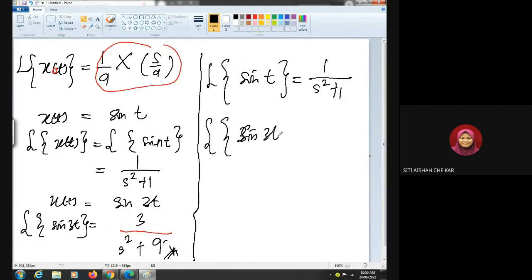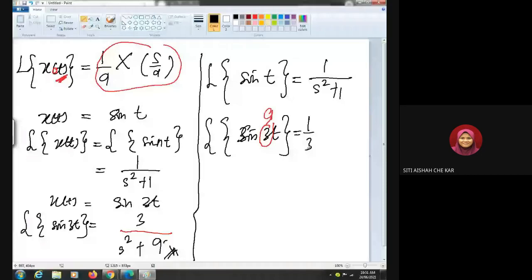So you can see the 3 is actually A, so it fulfills this property. So automatically your answer will become 1 over A, which means 1 over 3.